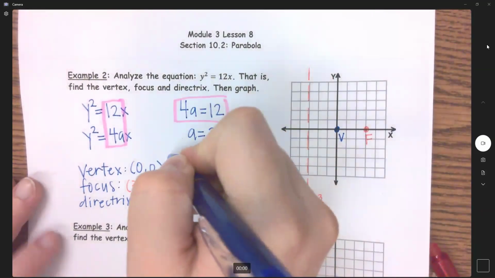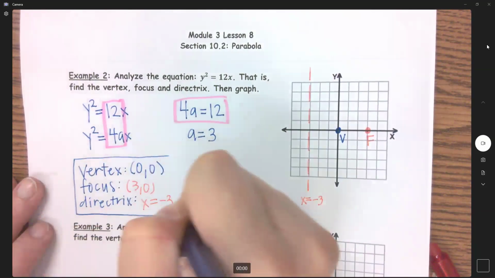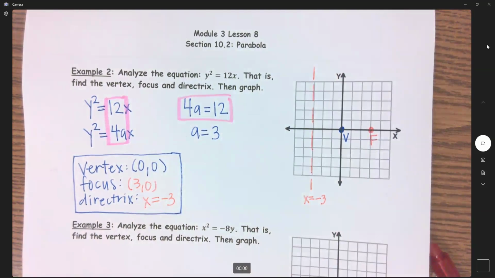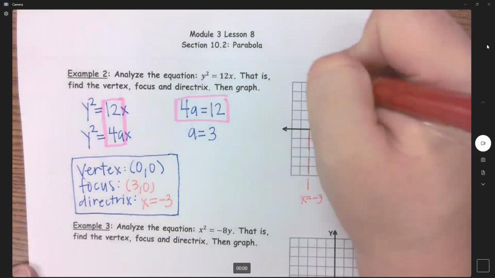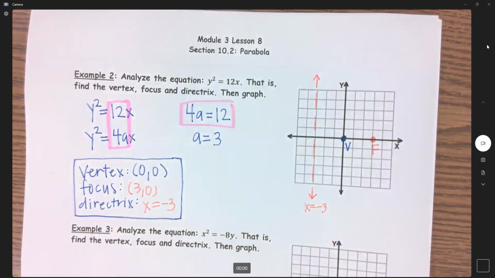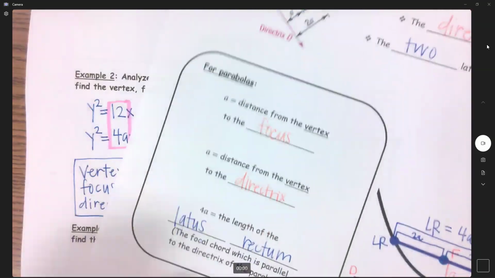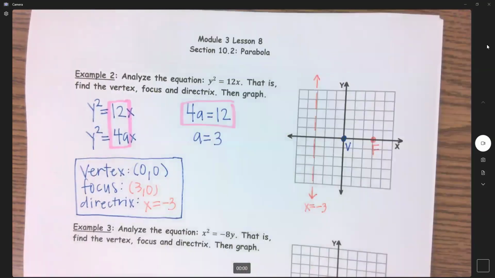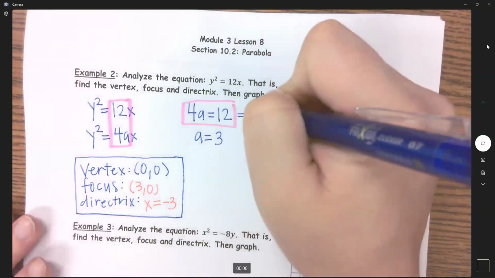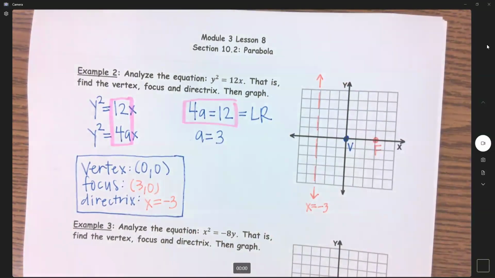And there are my 3 asks. So now we need to graph it. We need to finish this graph. Let me put little arrows here. We need to finish this graph by plotting your LR points. So your LR is 4 times A. Well, we already have that right here. 4 times A is 12. So this should be my total length of LR.